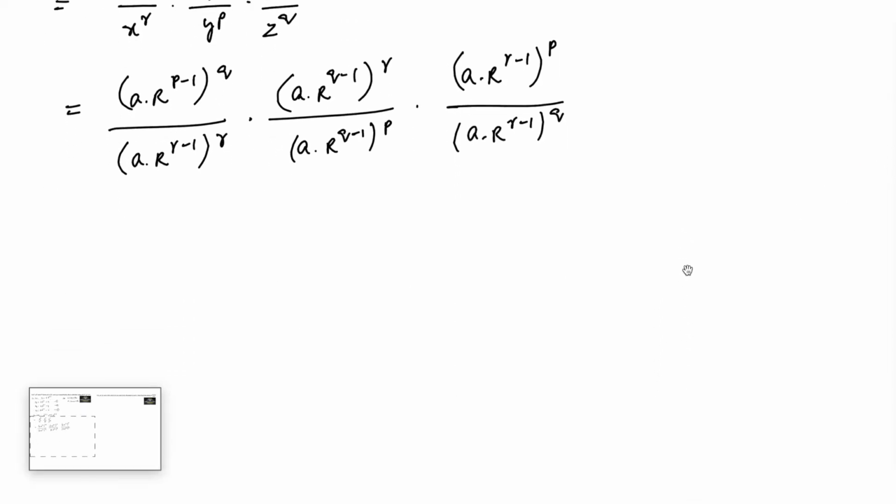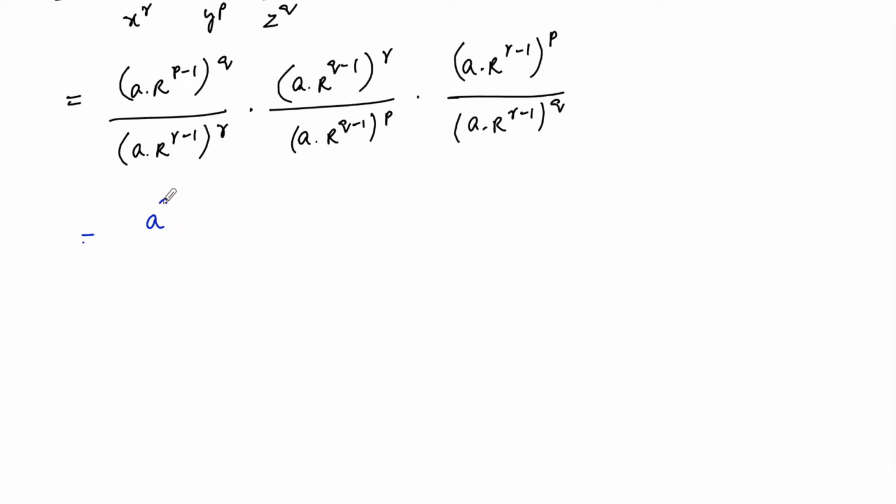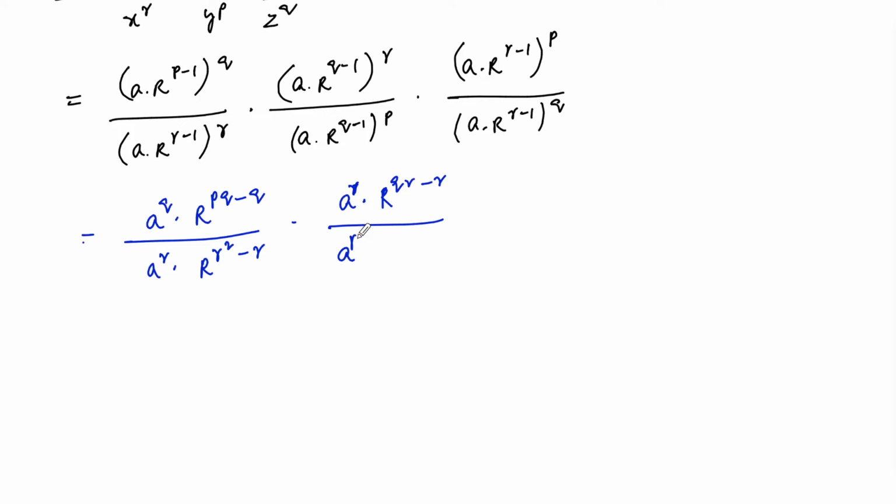So upon simplifying, we can write this as a to the power q into capital R to the power pq minus q upon a to the power r into capital R to the power pr minus r, again into a to the power r into capital R to the power qr minus r divided by a to the power p into R to the power pq minus p, into a to the power p into capital R to the power rp minus p upon a to the power q into capital R to the power rq minus q.